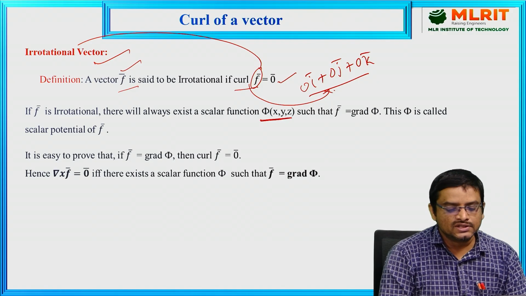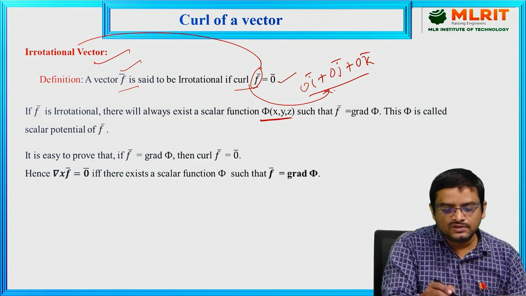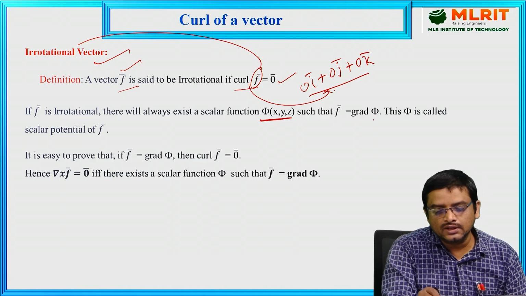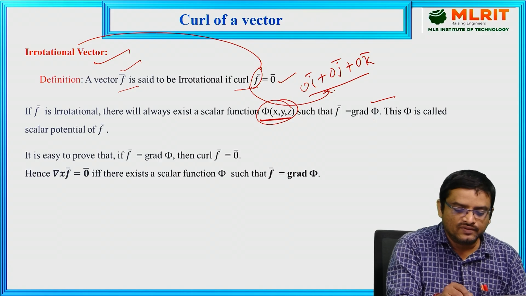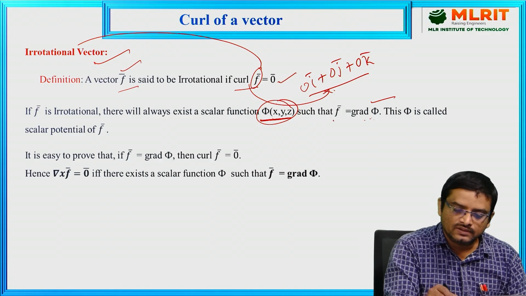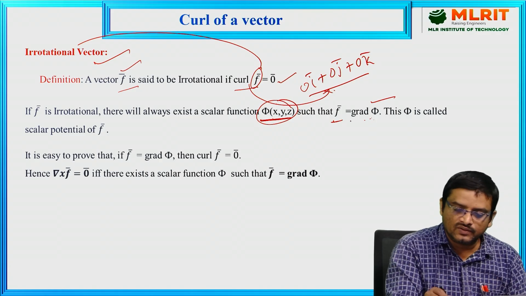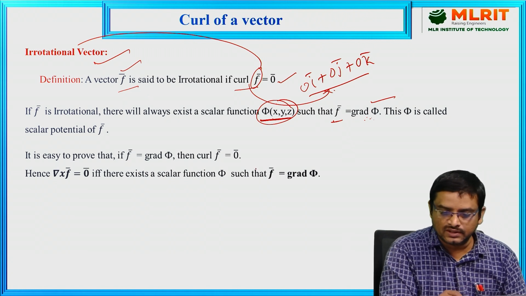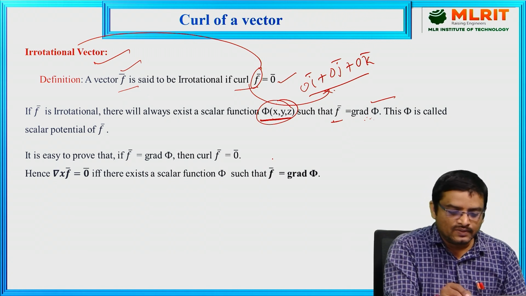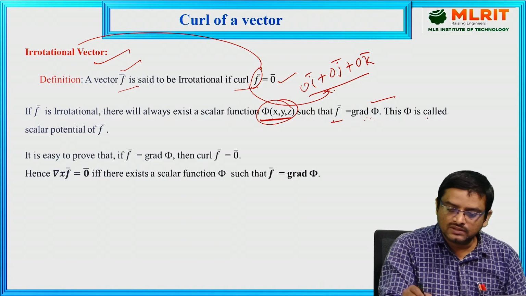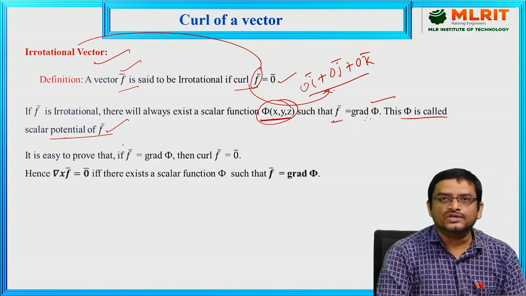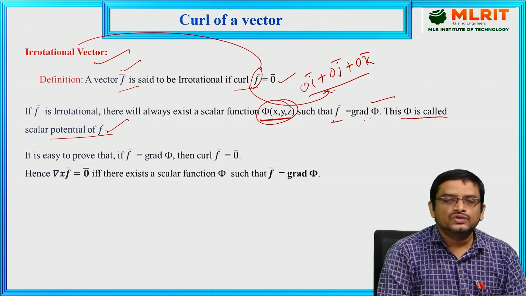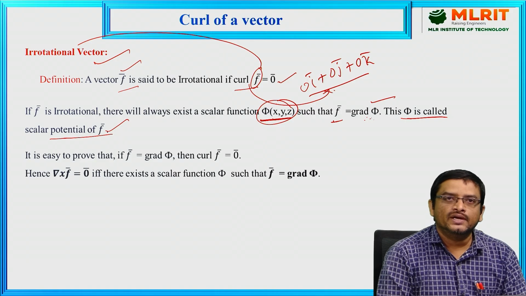How does this scalar point function exist? Such that f bar is equal to gradient phi. Whatever scalar point function we get, if we apply the gradient to it, we get the given vector f bar. That scalar point function we call a scalar potential. You get this scalar potential only when the given vector is an irrotational vector.